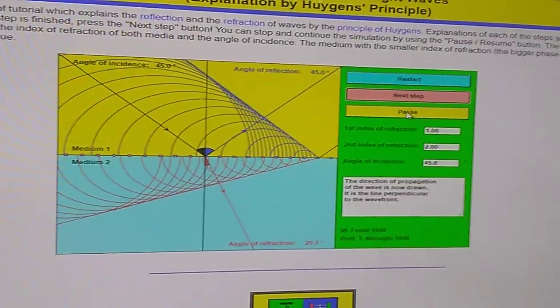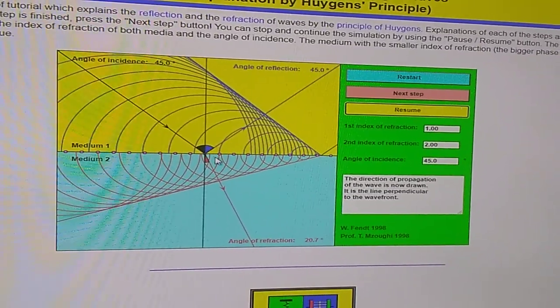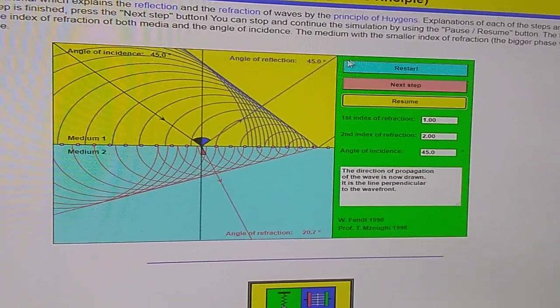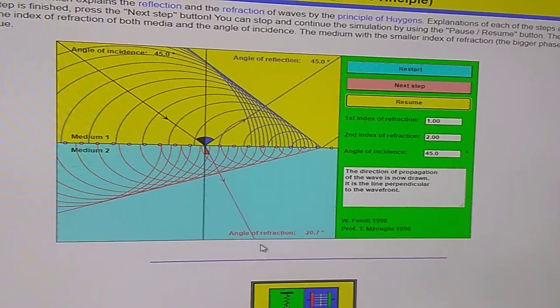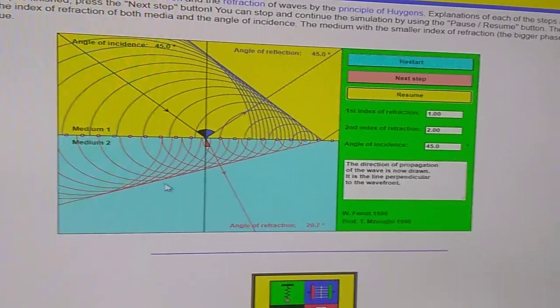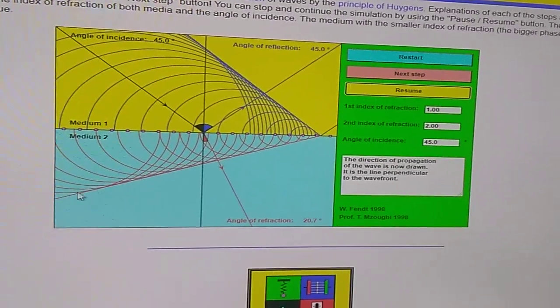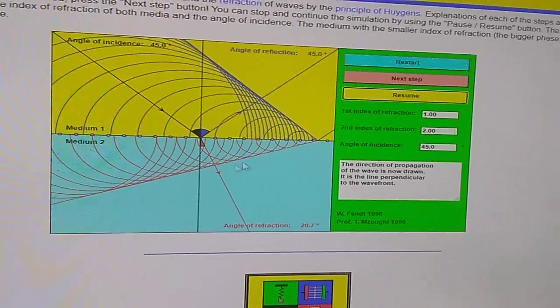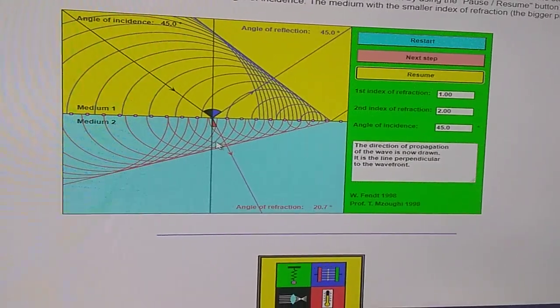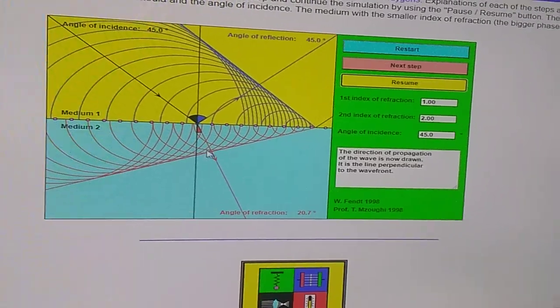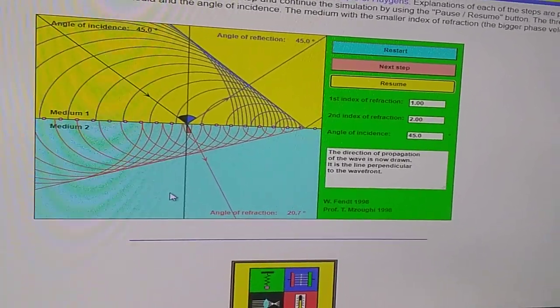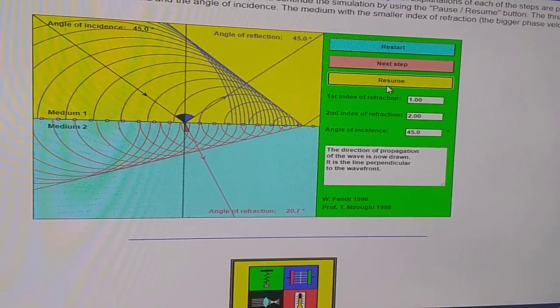So what we end up with is we had an incident ray, we had a reflected ray, and now we have a refracted ray. Because the position of the wave fronts that all line up, all these points in phase right here, has been reoriented, that's going to reorient our ray as well. Our ray ends up bending closer to the normal line in this case.